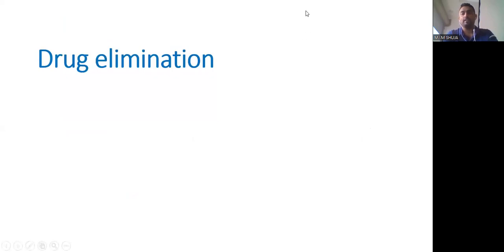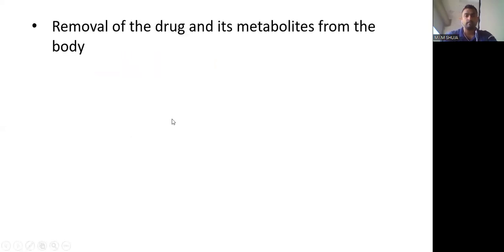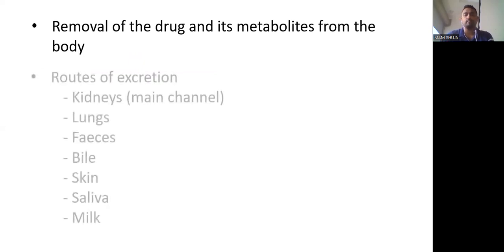Now we are going to look at drug elimination. The removal of a drug and its metabolites from the body is elimination.